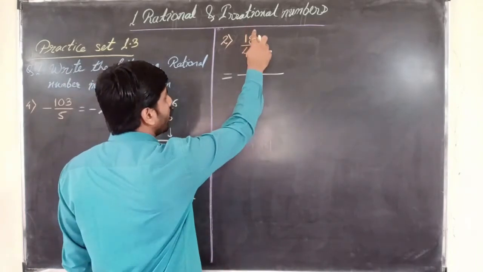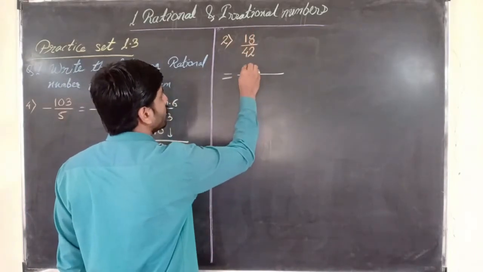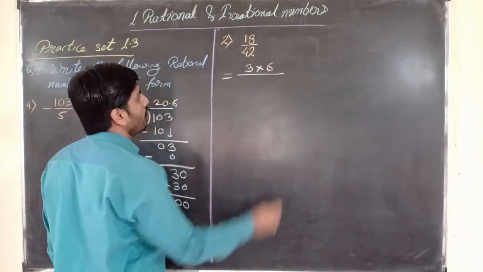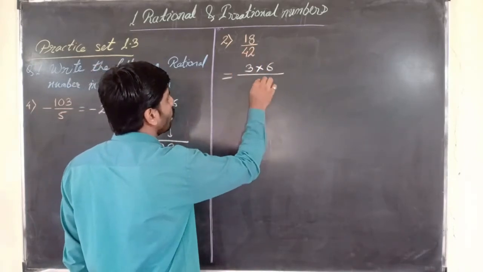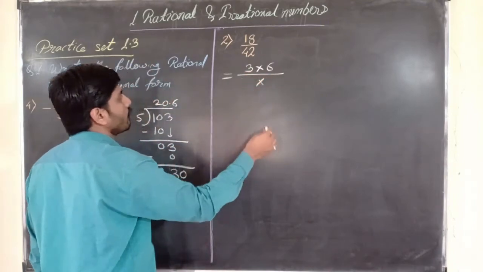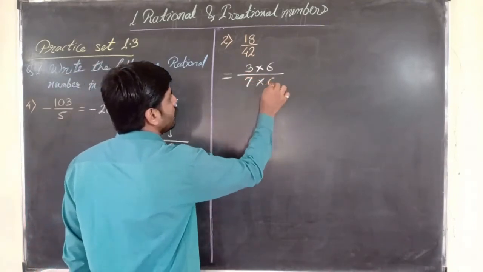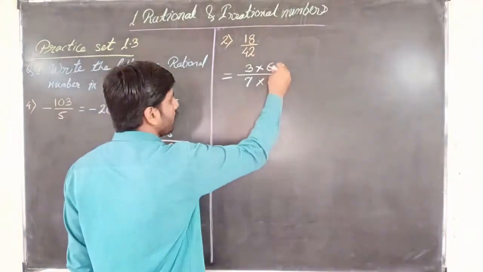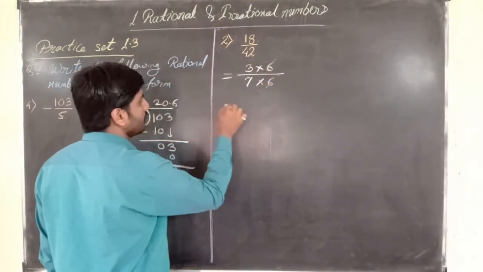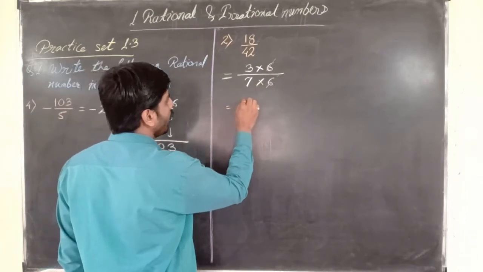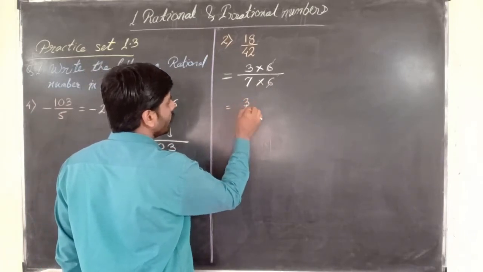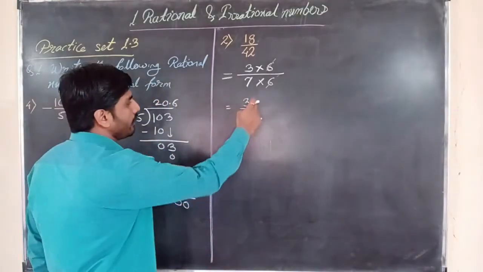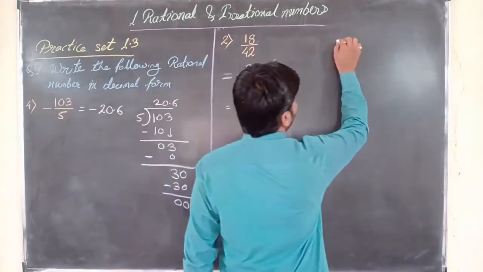So we can write this 18 as 3 sixes are 18, and we can factorize this 42 also as 7 sixes are 42. So by cancellation law, this 6 will get cancelled with this 6 and we'll get this in reduced form, that is 3 upon 7.